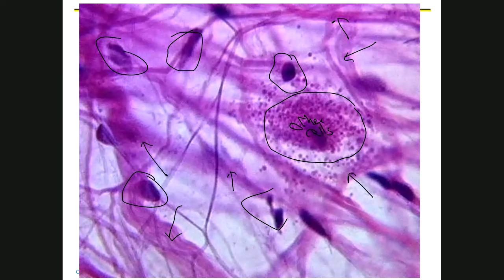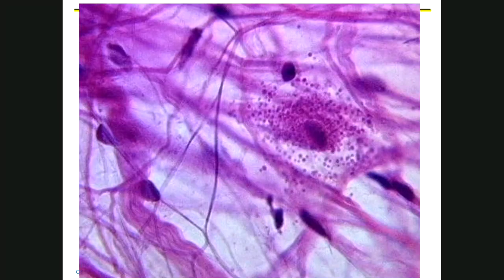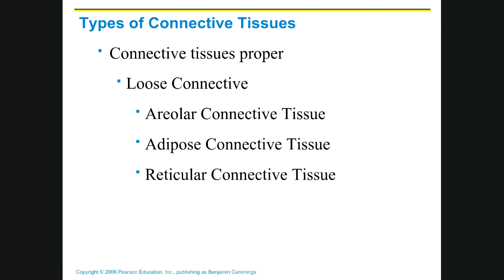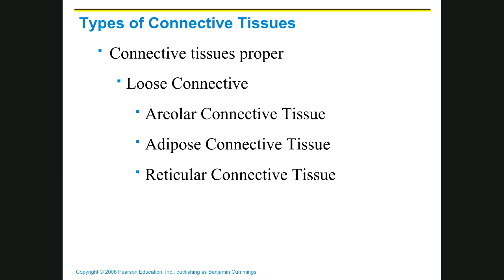What are they? Collagen, yeah. And then here's these dark staining fibers. What are the dark staining fibers? Elastin. And then these really faint fibers that are really hard to see in here. Those are reticular. And that's the tissue. So that is areolar connective tissue.